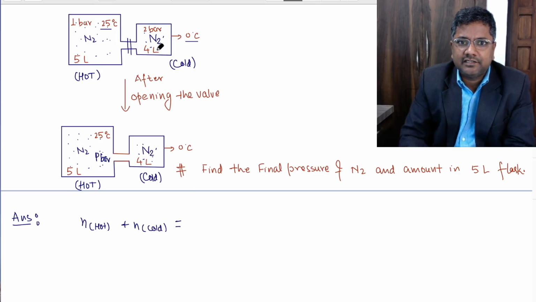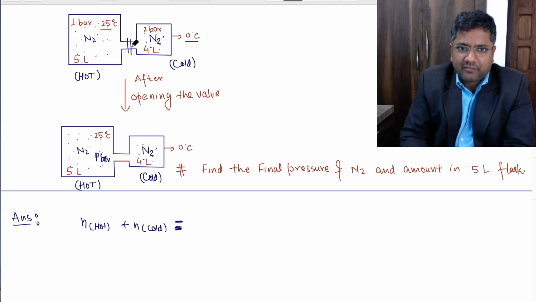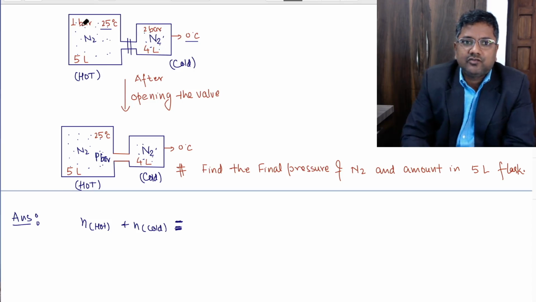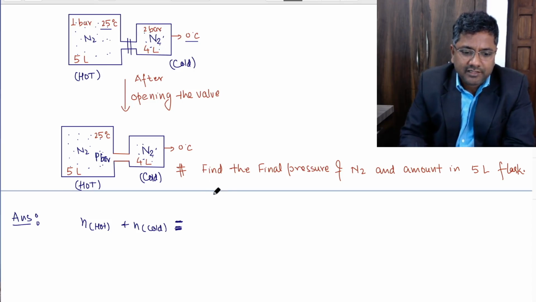See, this is state 1 and this is state 2. So I am applying this in state 1, before opening the valve. So this is equal to, you can apply PV = nRT in this region, plus you can add PV = nRT in this region. So what is the pressure here? 1 bar, right?